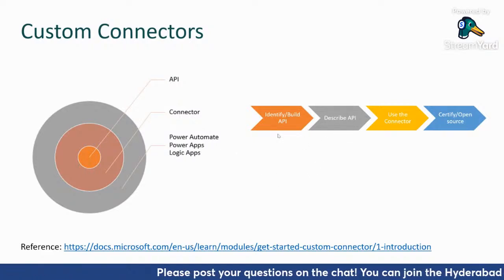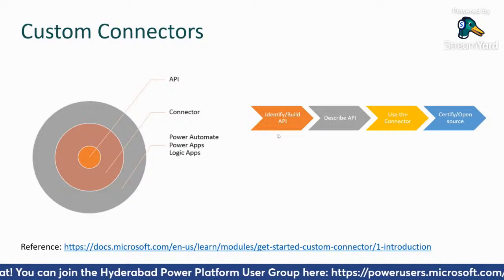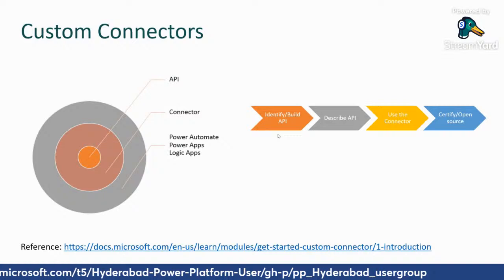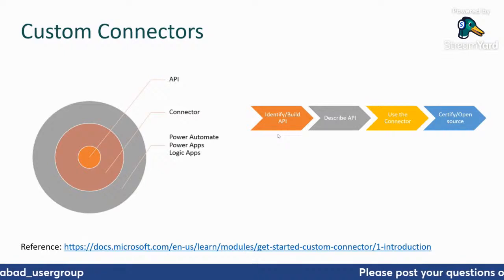If the functionality that you are looking for is not available out of the box, then your first task is to check the connector reference, to determine whether a suitable connector already exists for the API or service you want to consume. If a suitable connector doesn't already exist, then you can make your own custom connector. Otherwise, just go ahead with that. This is your first step whenever you want to build your own custom connector.